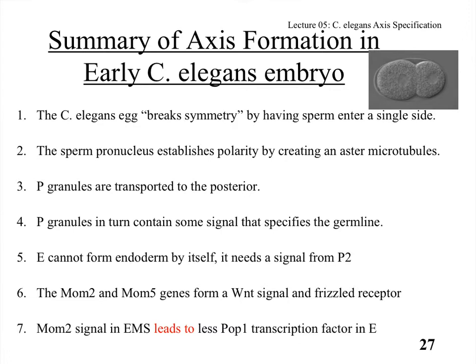And then this is a summary looking at the axis formation, so you can kind of run through these. We talked about the first ones early on, so I'm just going to kind of sum this up and remind you about those different types of specification, autonomous and conditional. So we talked about how the E and MS signaling has to do with conditional specification.